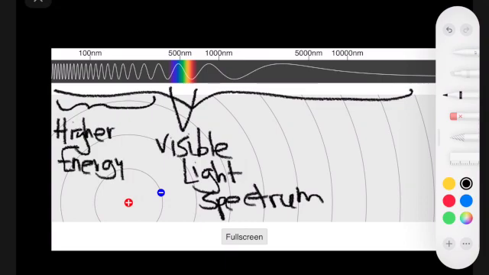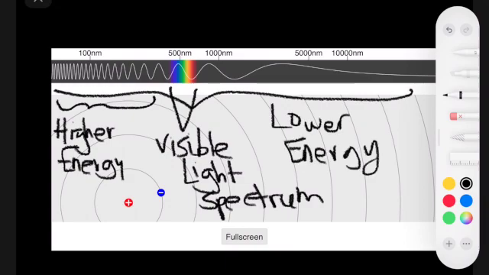And on the other side, we see the longer wavelengths and lower energy. But both sides of that, the higher and the lower sides, are invisible, and just those colors in the middle are visible. They are all waves, and they all carry energy.